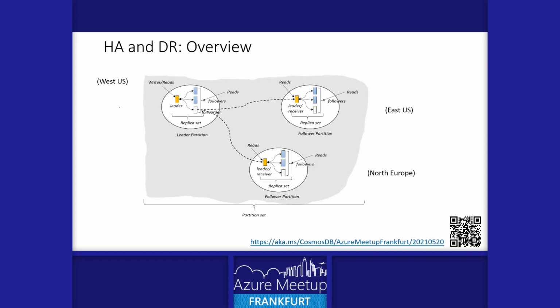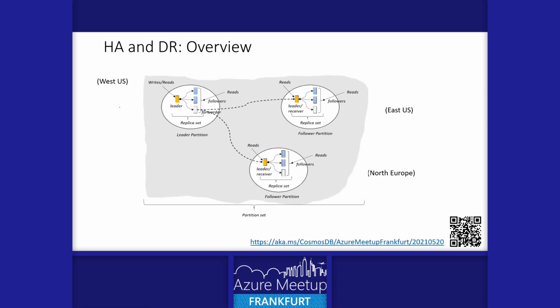Clients use the leader to commit write operations, and the leader distributes the work, makes sure it's stored on a quorum of replicas, and only acknowledges to the application that the data has been written once it has been written to a quorum of replicas. Another replica is the so-called forwarder, which is responsible for triggering the replication into other regions. And each of the 4 replicas can also be used for read access.